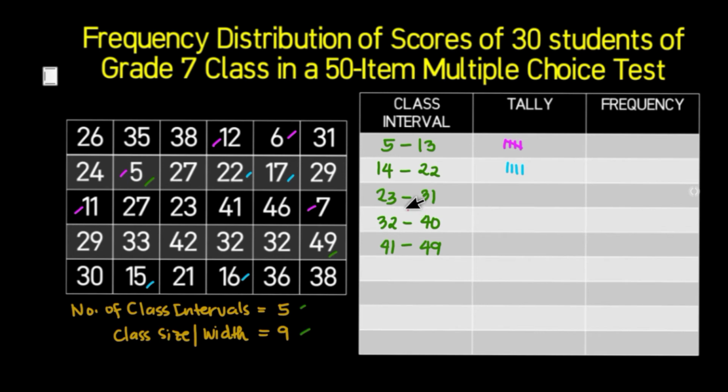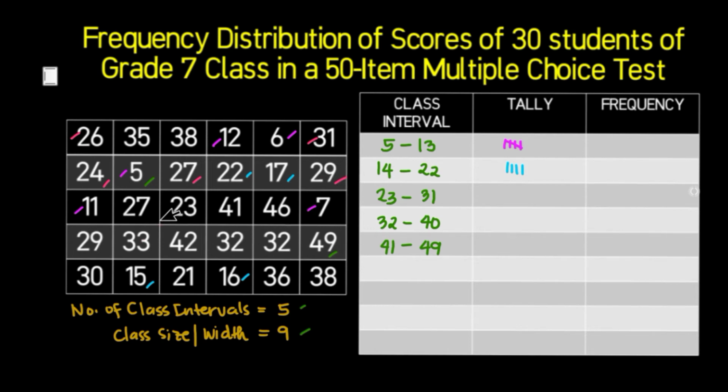So, next naman po is 23 to 31. So, 26 po kasama. Kasama rin po yung 31. Second row is 24, 27, at 29.